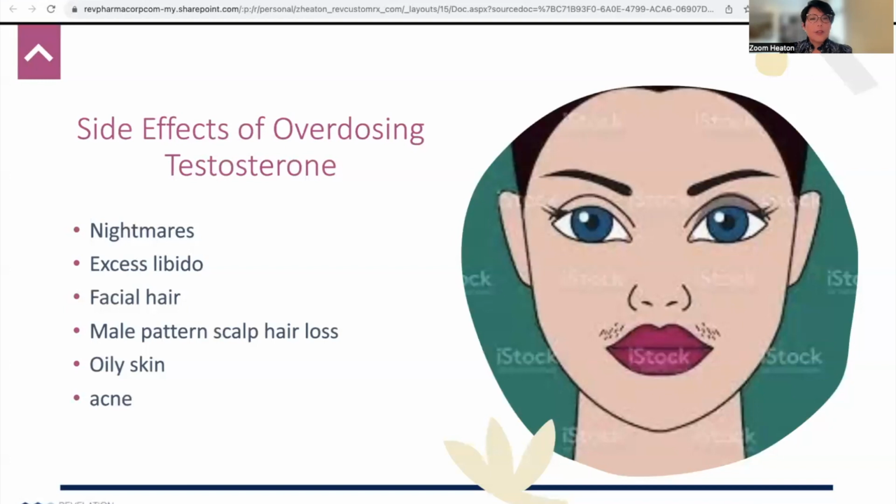So some side effects of overdosing testosterone: nightmares, excess libido, facial hair, male pattern scalp hair loss, oily skin, and acne. And I should add rage, aggressive behavior, just feeling a little more anxious and intense. And a lot of women will come in and just go, okay, I'm getting acne, I'm getting a lot of hair and growth on my back, or I keep having to pluck the hairs on my face.